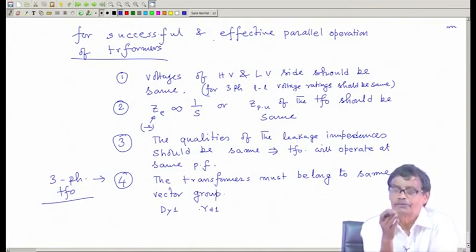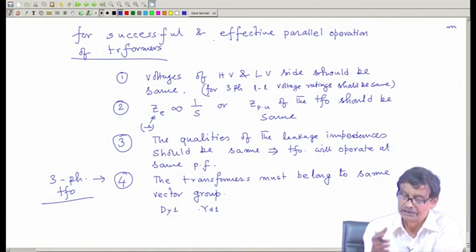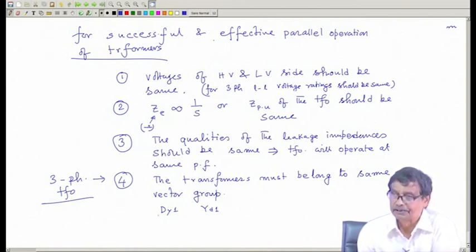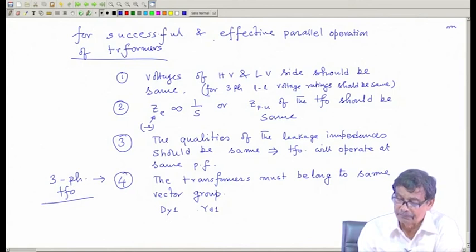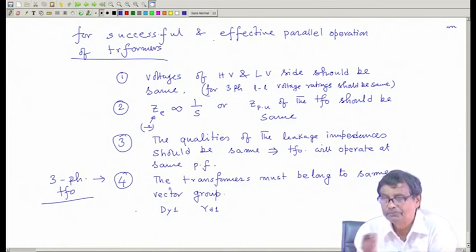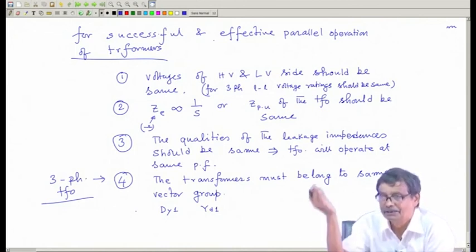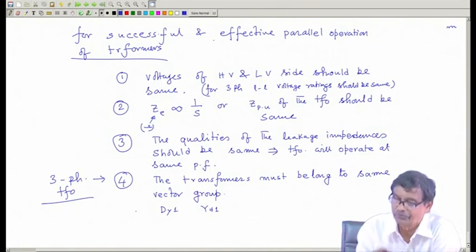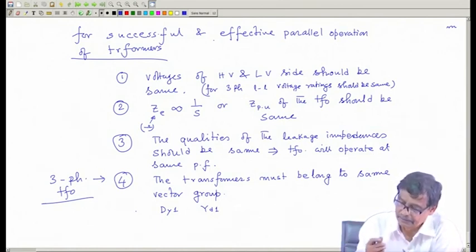Of course, see, primary you have applied a voltage, it is getting shifted, both phase and line to line voltage get shifted by some angle of 30 degree or so. But primaries will be connected in parallel, secondaries will be connected in parallel, and they must be shifted by same angle, then only the voltage magnitudes of course will be same, and then paralleling can be done successfully.